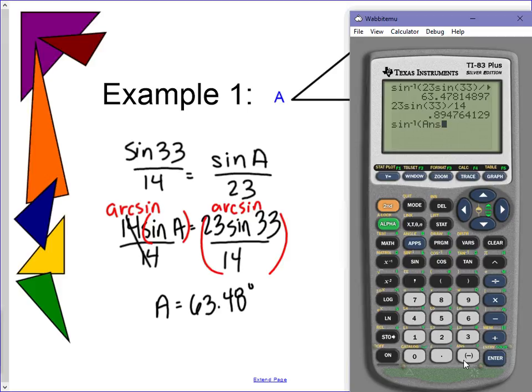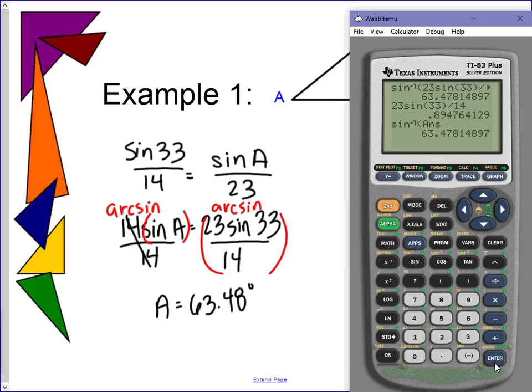So when it says the inverse sine of ANS on mine, the line right above is 0.894764129. The calculator is going to put all that in for me, so I don't have to type it out. If I do the inverse sine of that answer, I'm going to get that full answer, 63.48, rounded. I'm going to write 63.48, but I'm going to continue to use my answer key so I can avoid rounding for as long as possible.